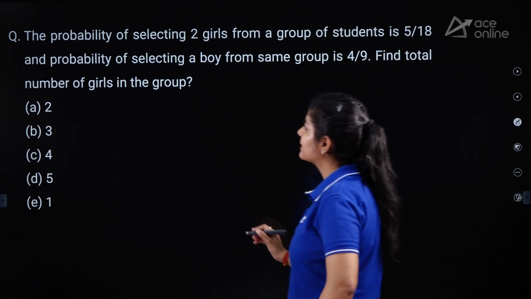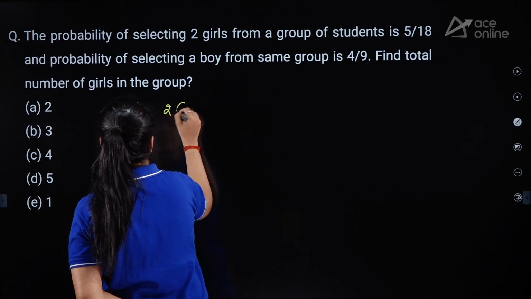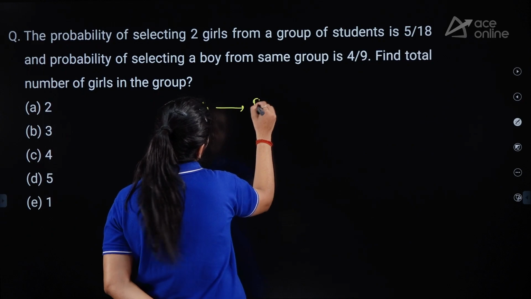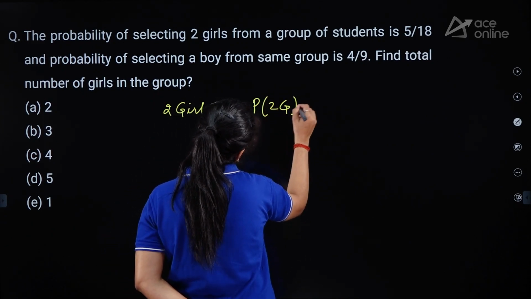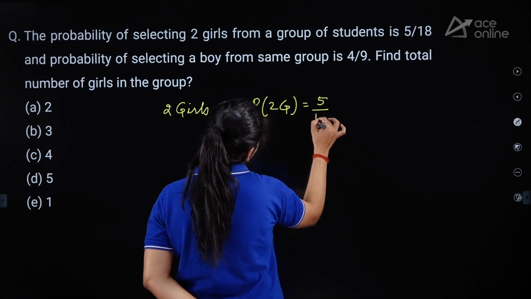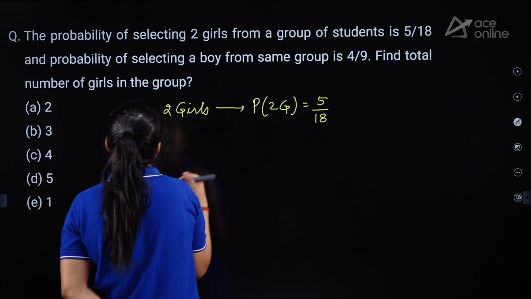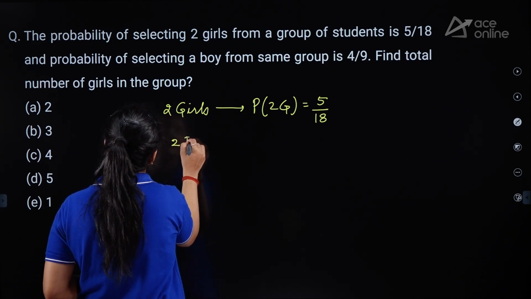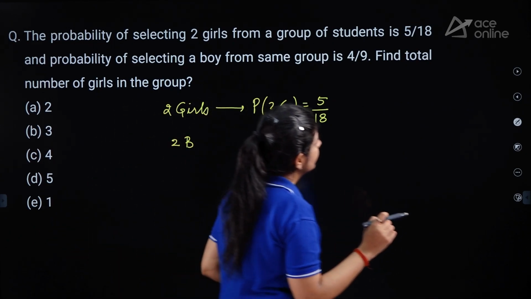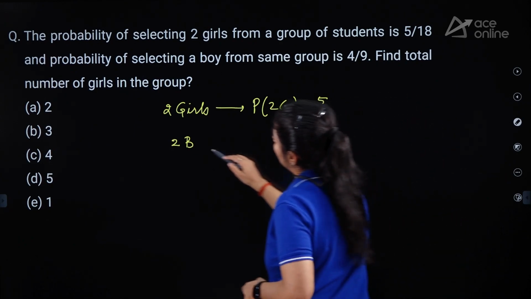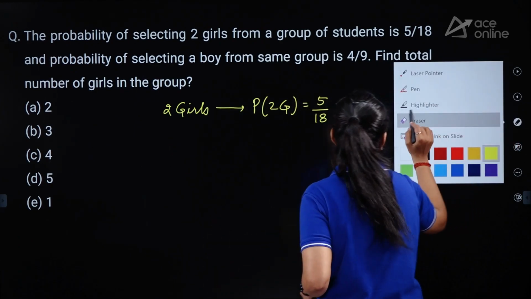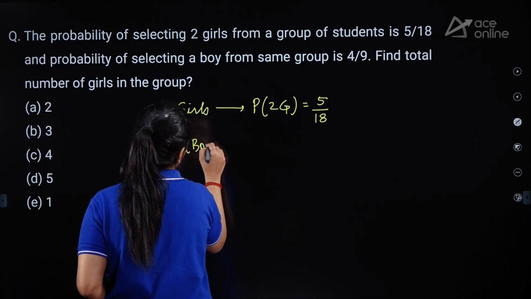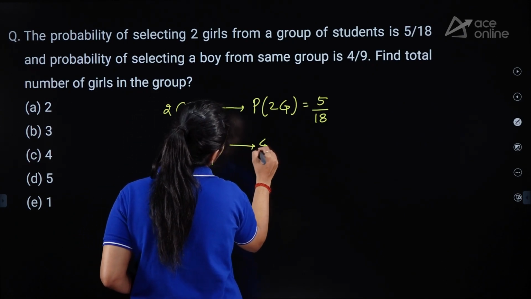So the question says that if I want to select 2 girls, the probability of selecting 2 girls is nothing but 5 by 18, right? Similarly, in the same group, or from the same number of students, if I select a single boy, the probability is nothing but 4 by 9.